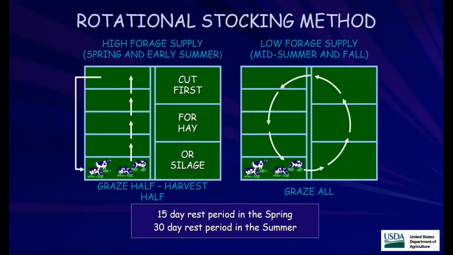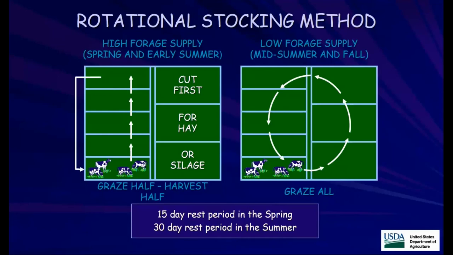So in the spring and early summer, as I mentioned, we have a high forage supply. And so the idea with our planning is that we would establish paddocks where in the spring the animals would graze about half of the system, and then the other half of the system would be cut first for hay or silage.